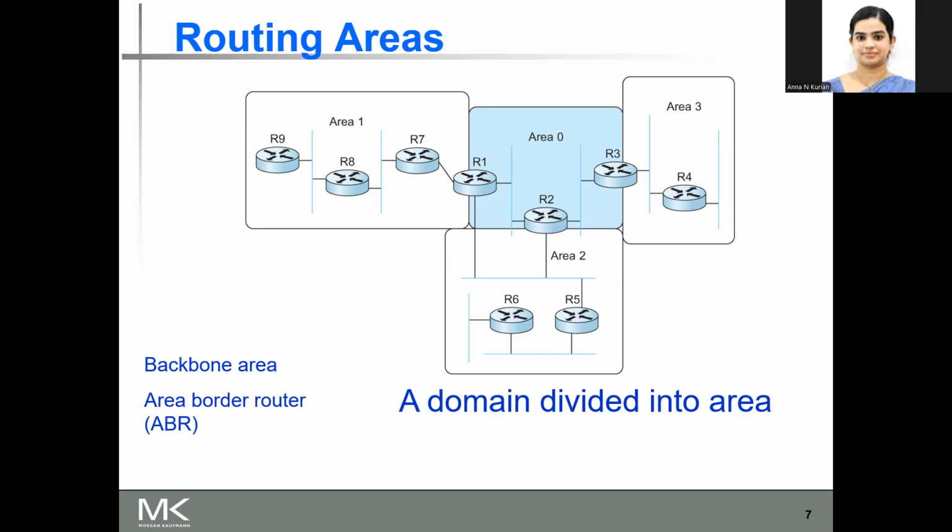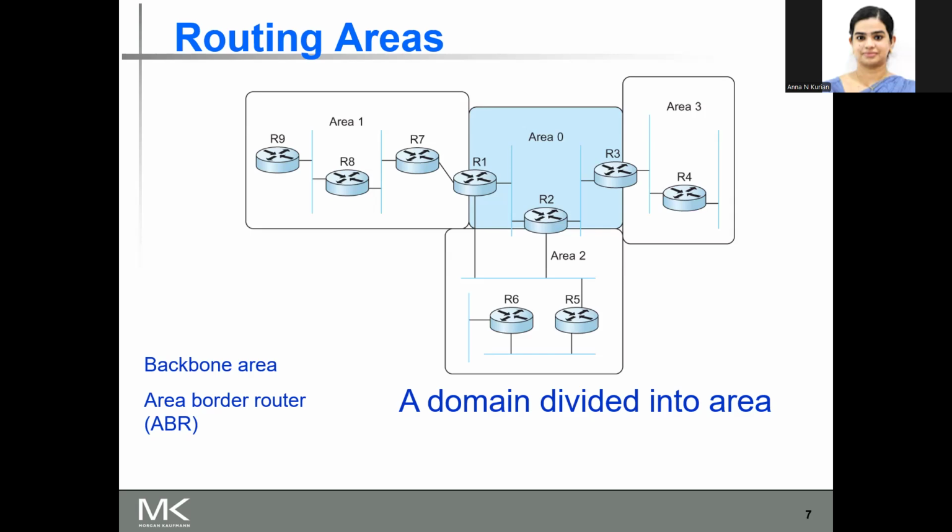R1, R2, and R3 are the members of the backbone area. Here the backbone area is shaded with a blue color. They are also members of at least one non-backbone area. R1 is actually a member of area 1 as well as area 2. The router that is a member of both the backbone area and a non-backbone area is an area border router.